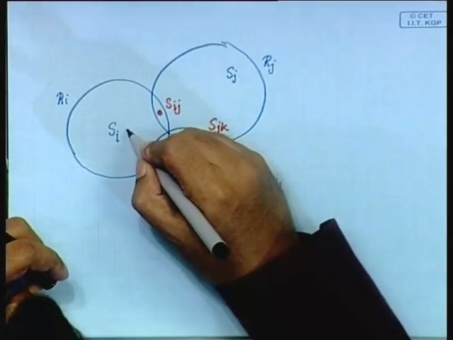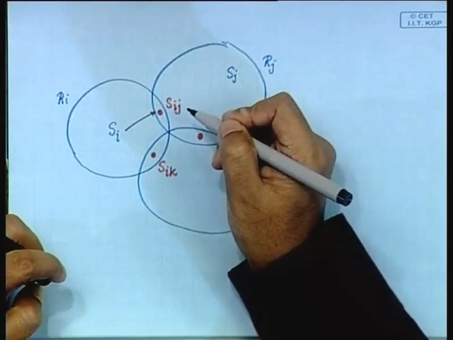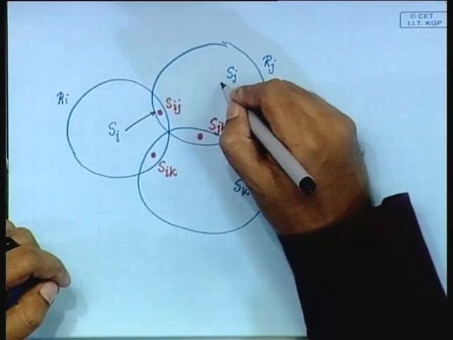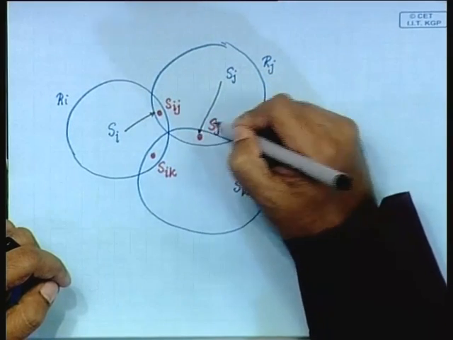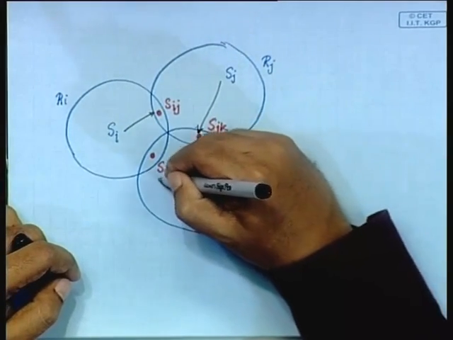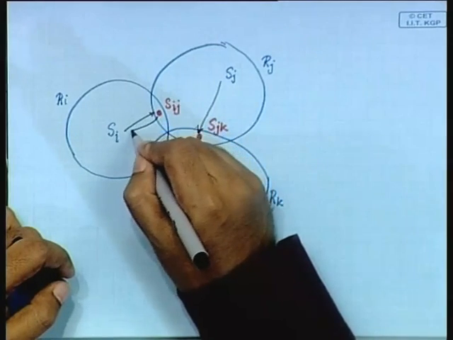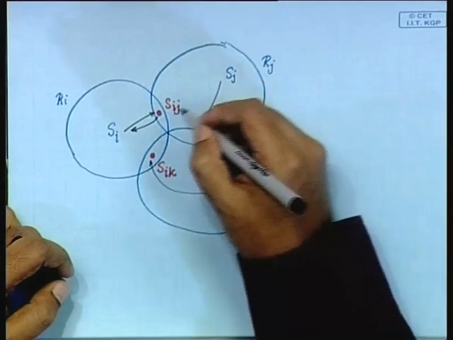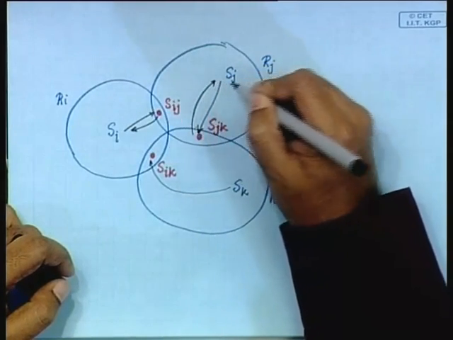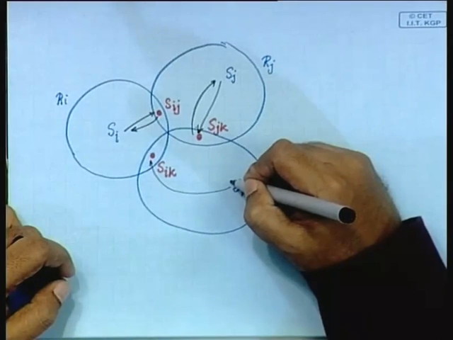Let us say that Si sends out a request message to Sij, and at that time Sj sends a request message to Sjk and Sk sends a request message to Sik, and they all get their replies. So, Si gets its reply because Sij was idle, Sk gets its reply from Sik, Sj gets its reply from Sjk.